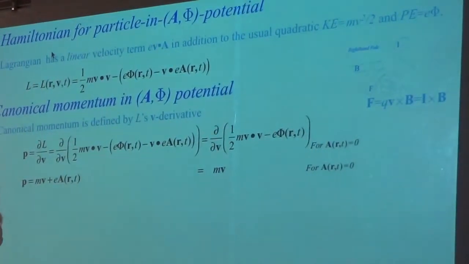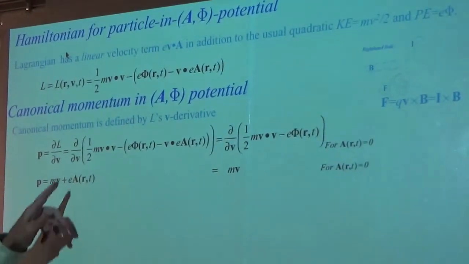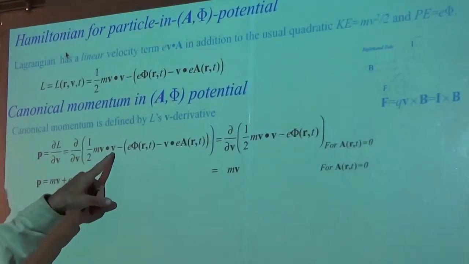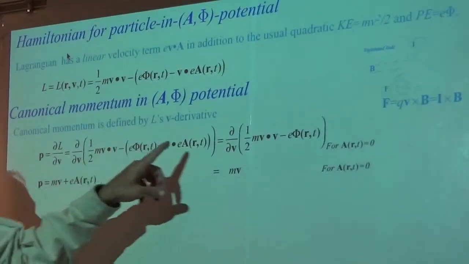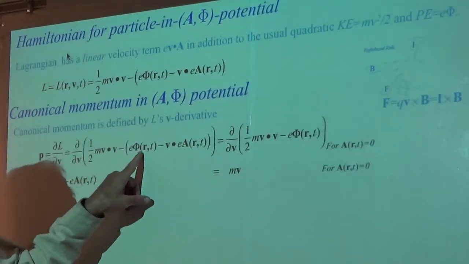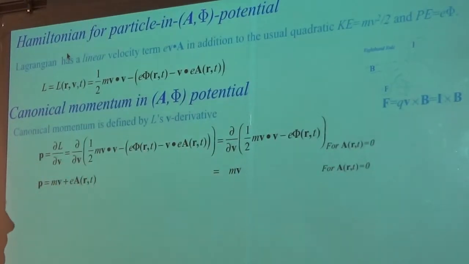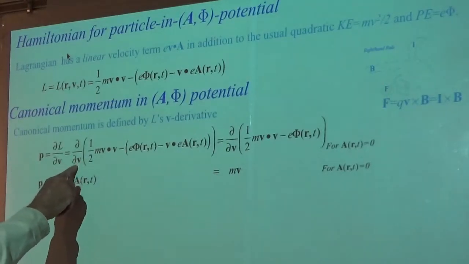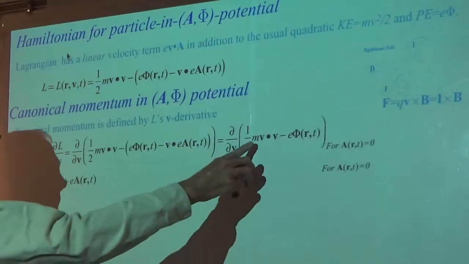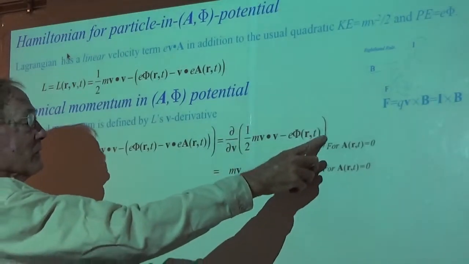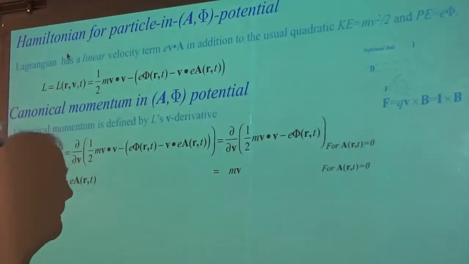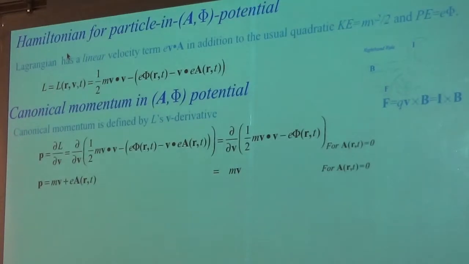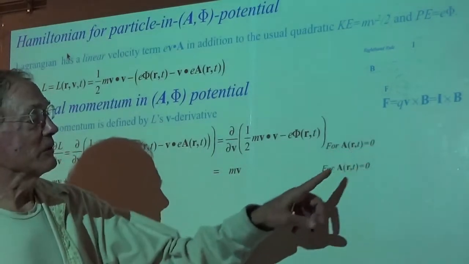What you notice is that we have 1/2 mv squared here, and when you take this apart and take the partial derivative with respect to v, you get mv minus phi right here, okay? And this would be the case for the vector potential equal to 0.